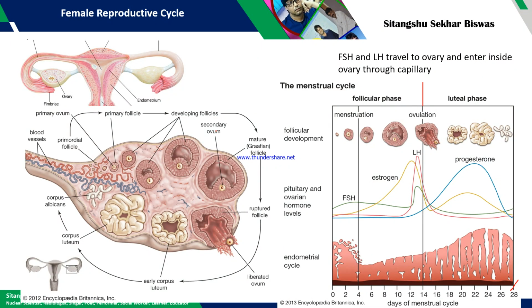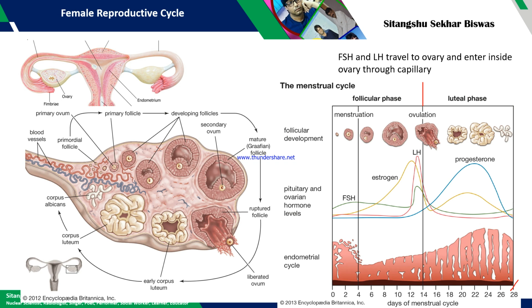Once the follicle stimulating hormone and the luteinizing hormone enter inside the ovary, the primordial follicle, the primary follicle, starts to develop and becomes a secondary follicle. During the follicular phase, the primary follicle will develop and convert to a secondary follicle.